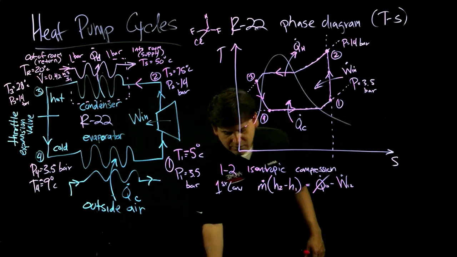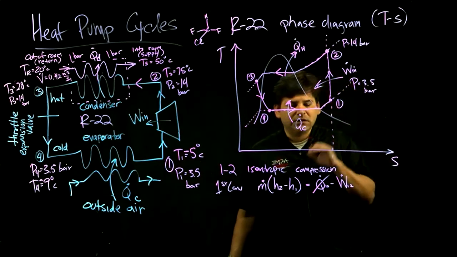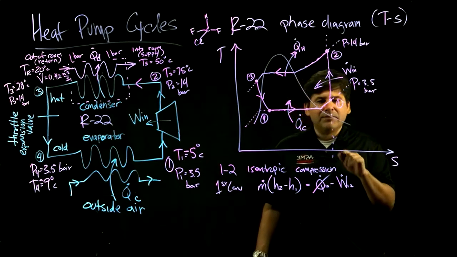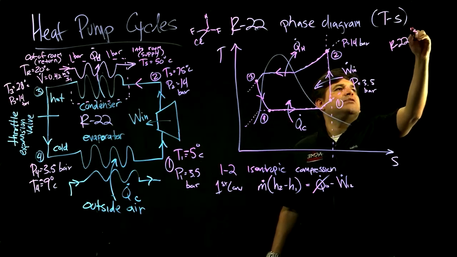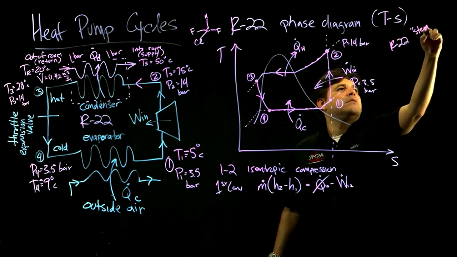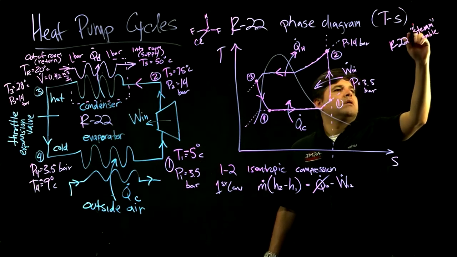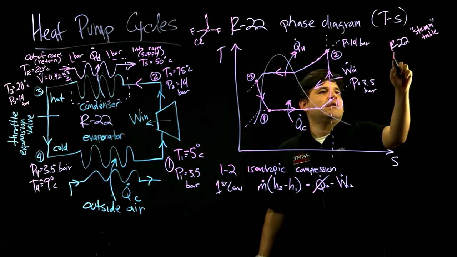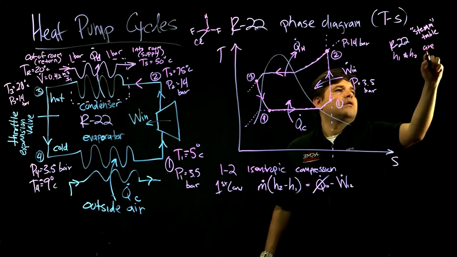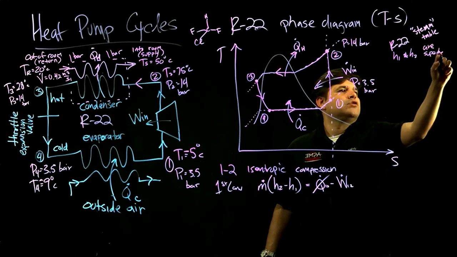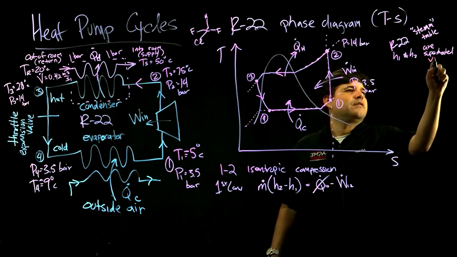So, if we double check the superheated vapor table of R22, we would find that H1 and H2 are superheated vapor.